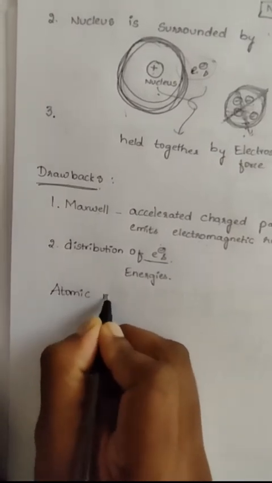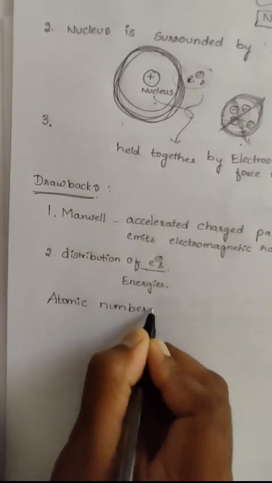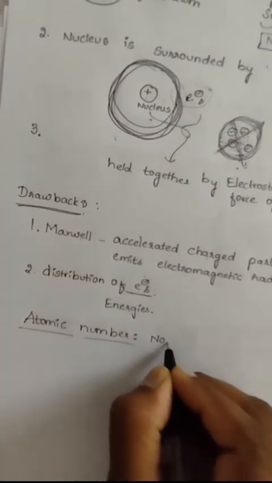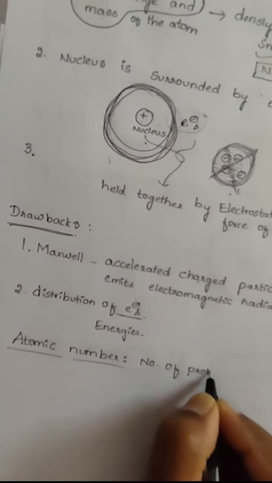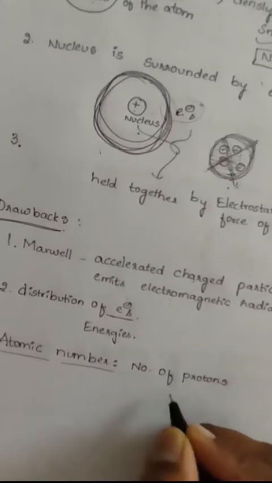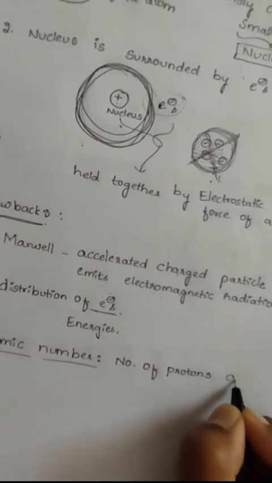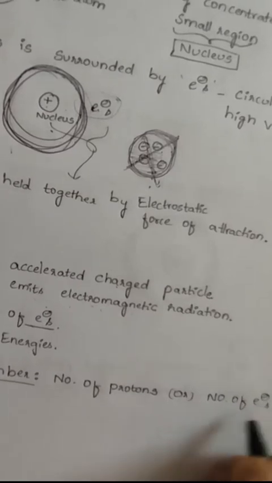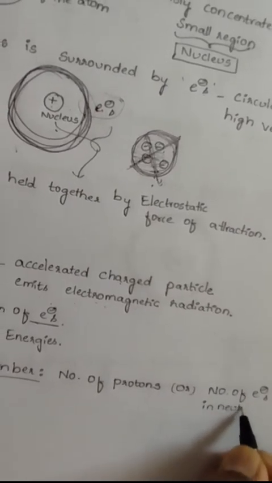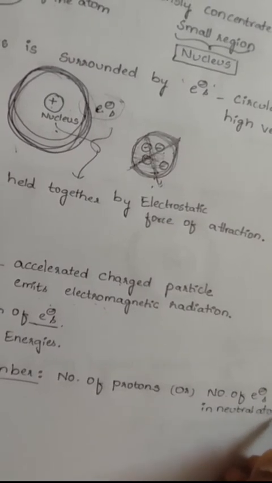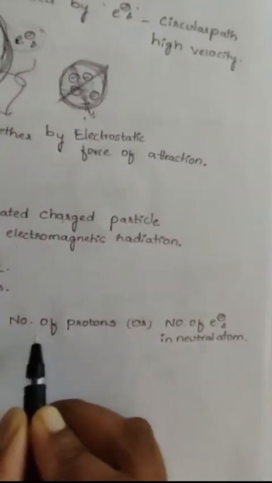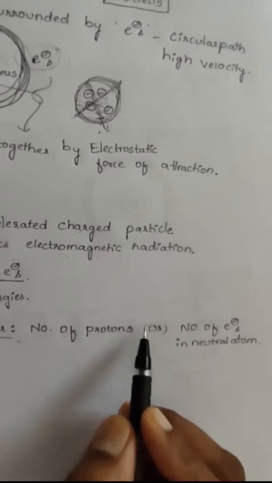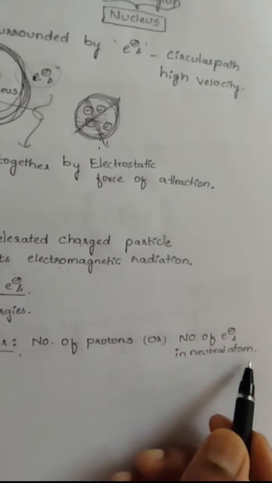So first one, atomic number. Atomic number is the number of protons in the nucleus of an atom, or the number of electrons in a neutral atom.